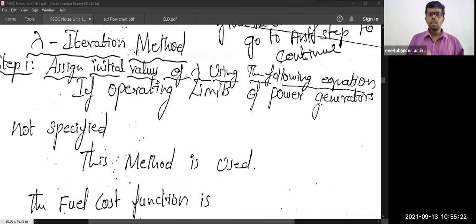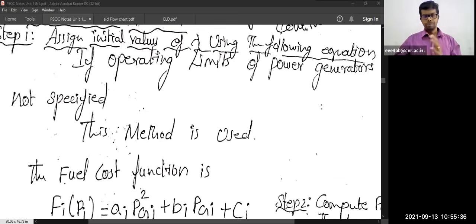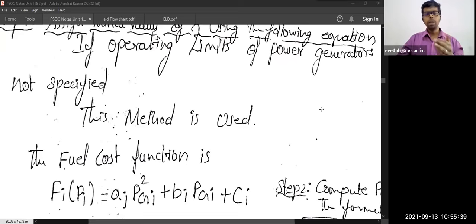I'll tell you how to find out lambda. Then whether you remember it or not is your wish. If you are unable to remember, also no problem. You can easily calculate that. So you need to go back to our first and second classes, and we need to calculate lambda.